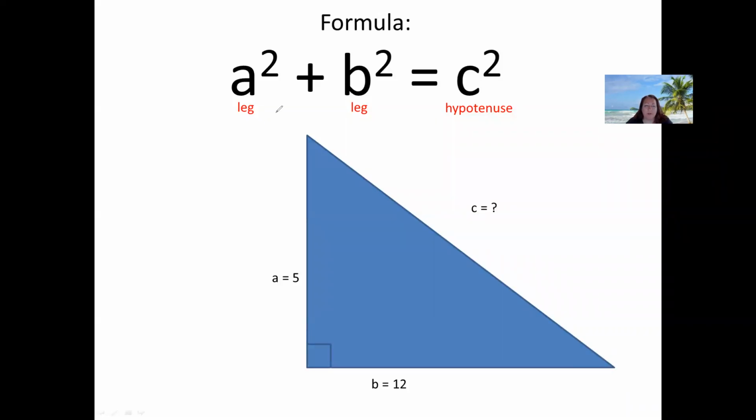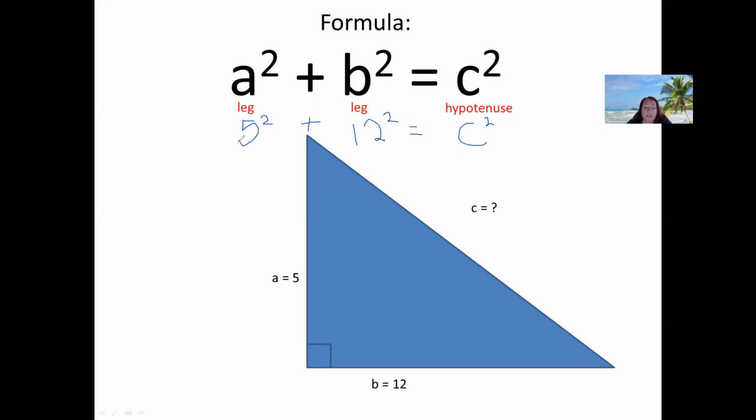So if we know that one of the legs is 5, it's going to be 5 squared, and the other leg is 12 squared. If we add those together, it's going to equal the hypotenuse squared. So I'm going to put c squared because I'm using a letter there. That's my algebra. That's the one I don't know, and that's the one I have to figure out.